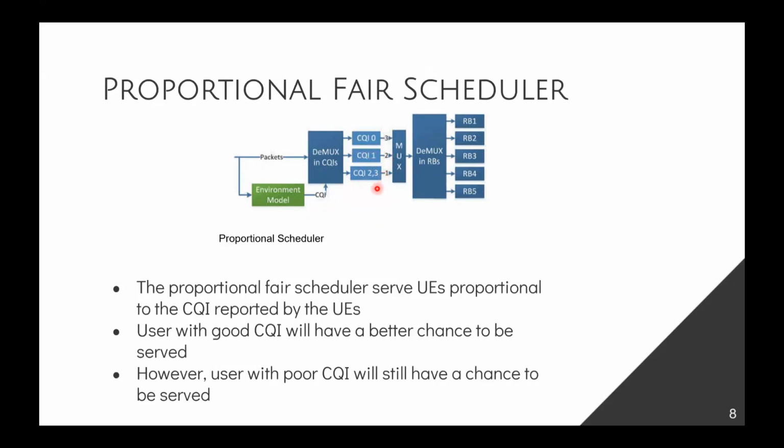In this way, every user will have a chance to get packets, but it is proportional to the channel condition. The best channel quality will get most of it, and the others will get slightly lower packet delivery.